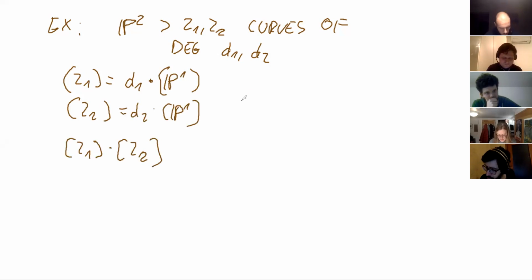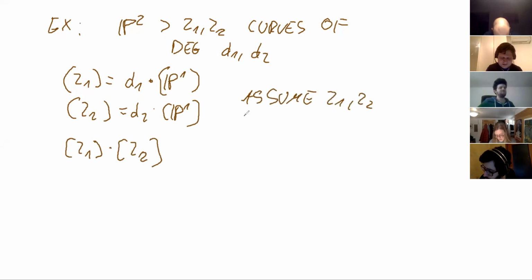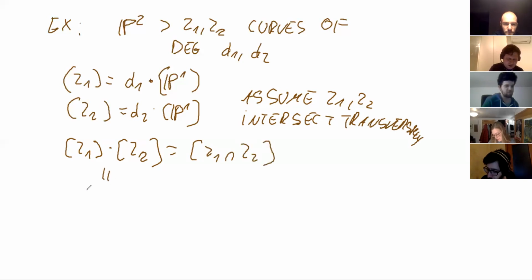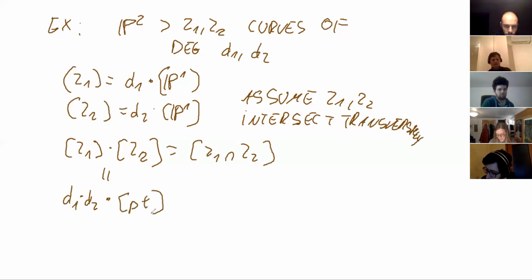Well, assume Z1 and Z2 intersect transversally, which in this case just means they are not tangent. And then we know that this is equal to, on the one hand, the class of Z1 intersected with Z2, but on the other hand, D1 times D2 times the class of a point. So we see that they have to intersect in D1 times D2 many points. That's Bézout's theorem.